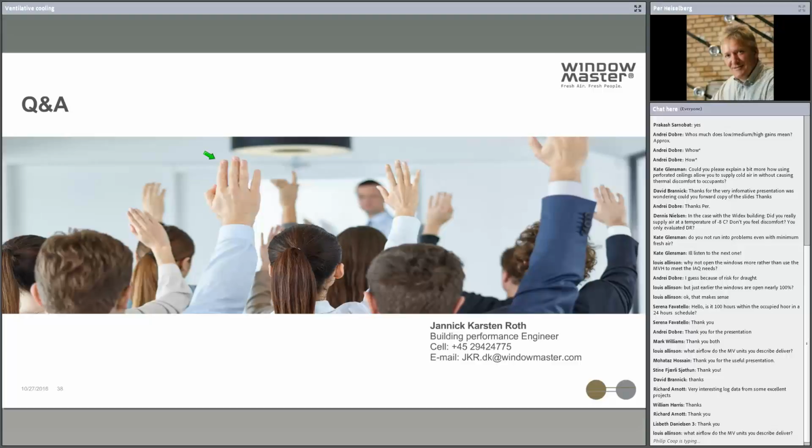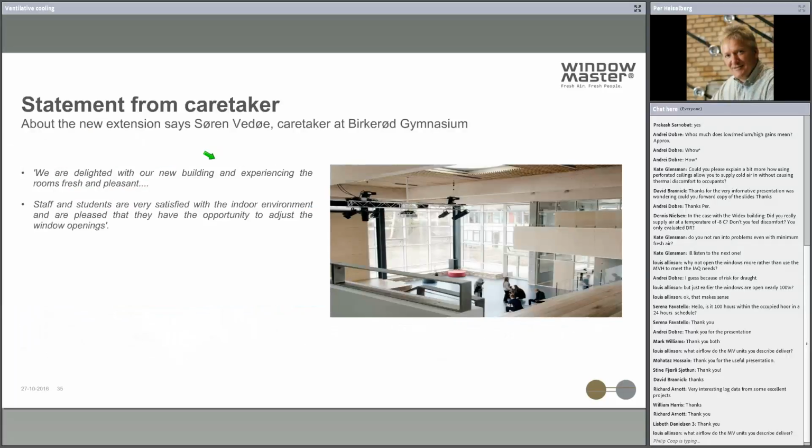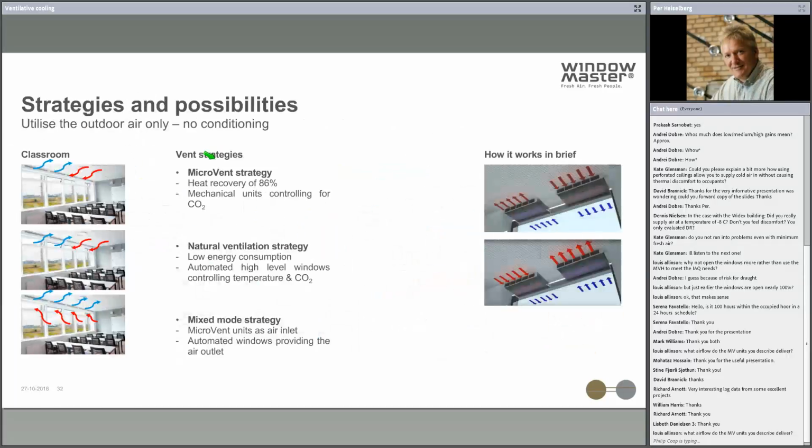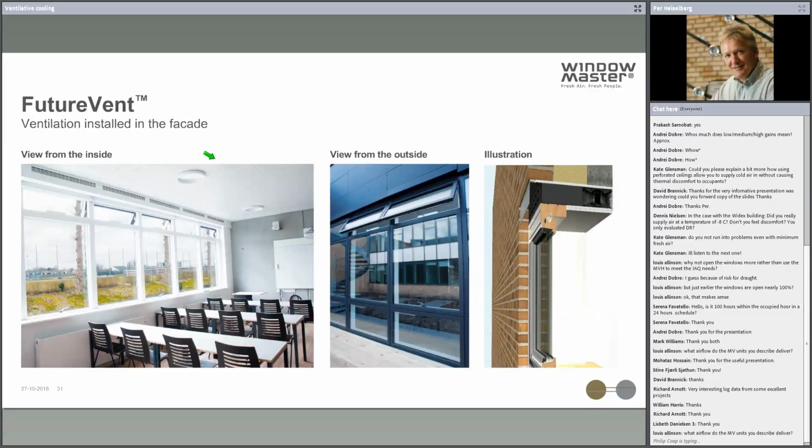Yes, we have a very nice question here. What airflow do the mechanical ventilation units deliver? These can be designed in various sizes. They can also be stacked. Here you can see different sizes of these.